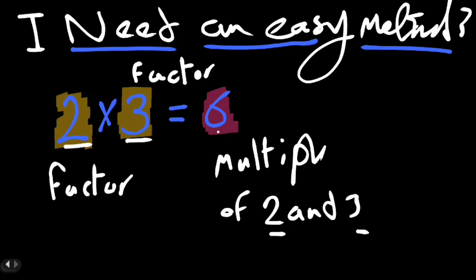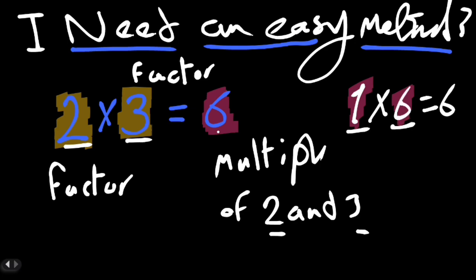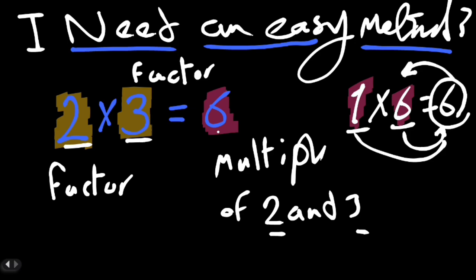And if I also take 1 times 6 equals 6, so I will say that 1 and 6 are factors of number 6, and 6 is a multiple of 6 and 1.